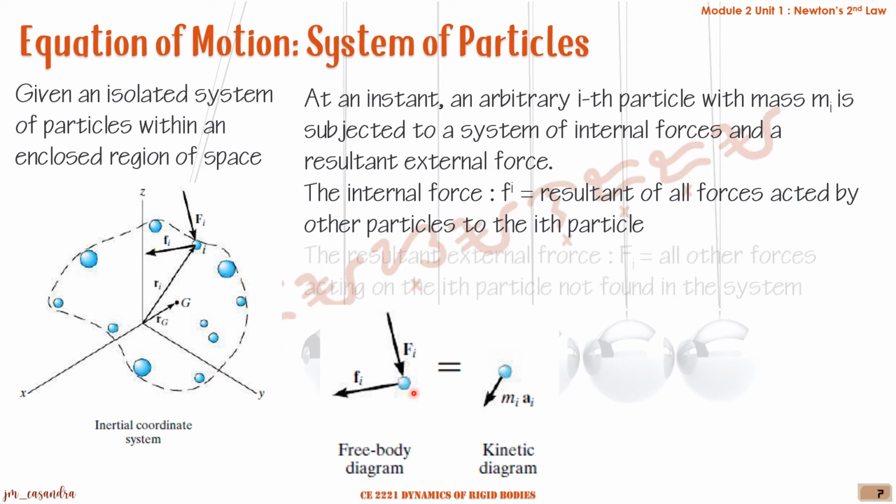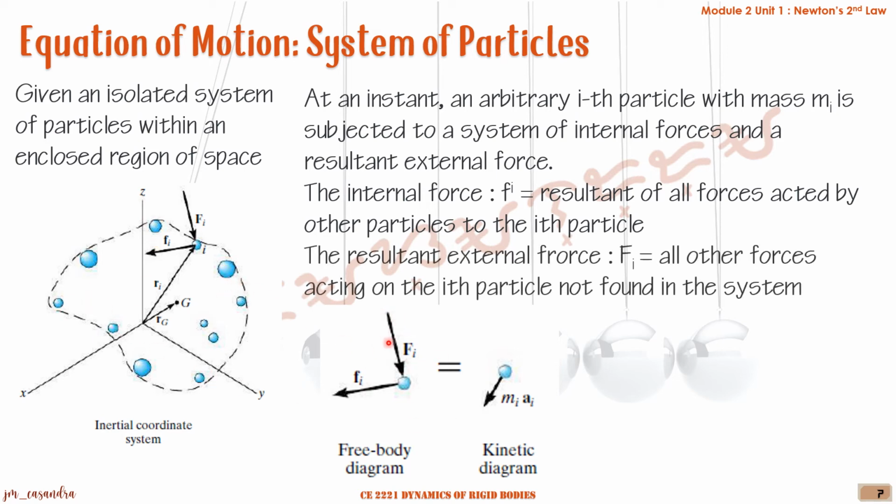Okay? And then we have capital Fi, which is represented by the resultant external force, which are the other forces acting on the particle that are not found in the system. So these external forces would include your gravitational force, electrical, magnetic, or any other contact force of other particles that is not part of your system.